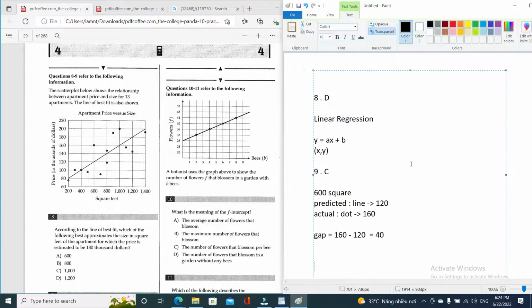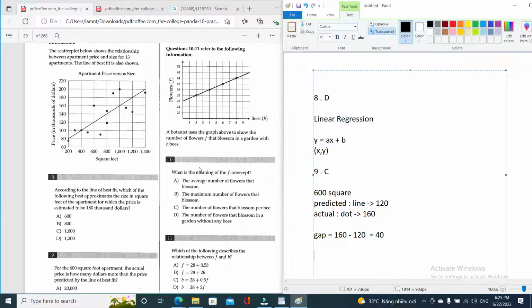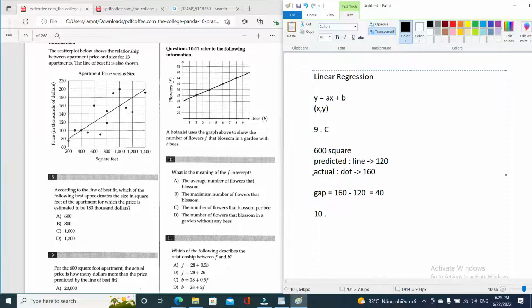Number 10. A botanist used the graph above to show the number of flowers F that blossom in the garden versus the number of bees B. They asked us about the F-intercept. The F-intercept is the intersection of this line with the F-axis, which is this point.